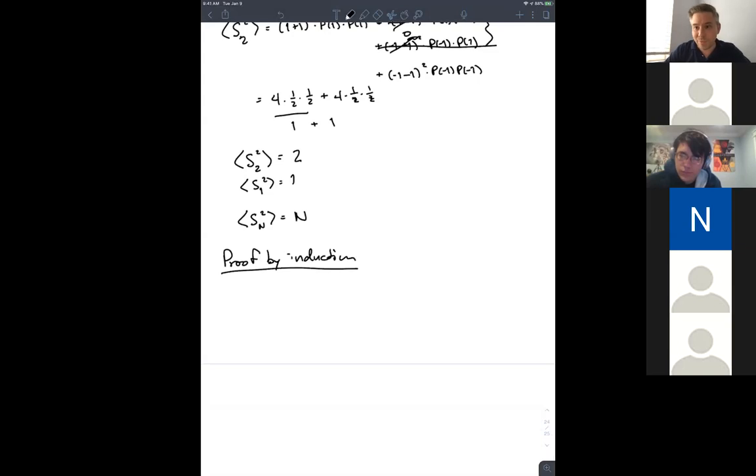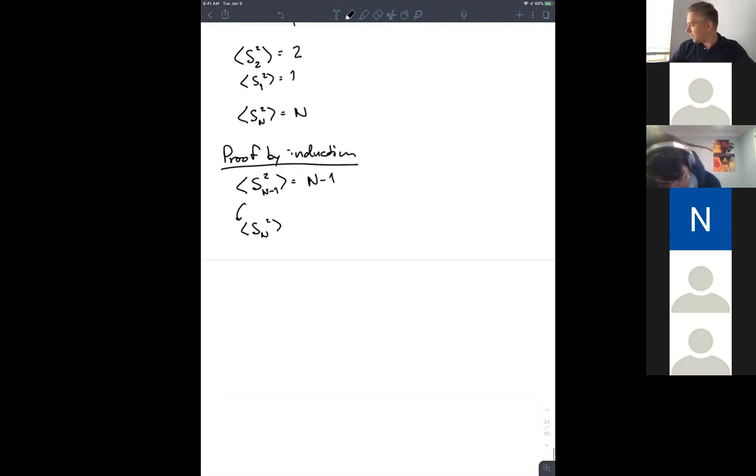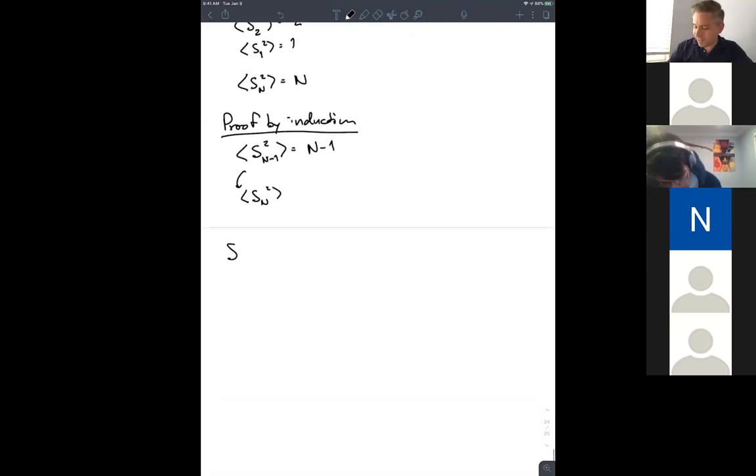So proof by induction is we assume that this is true, and then we show when we take this assumption and plug it into what we believe S sub n squared should be, that we get what you would expect. To do this, we need to recognize that S sub n means that we have taken n steps.